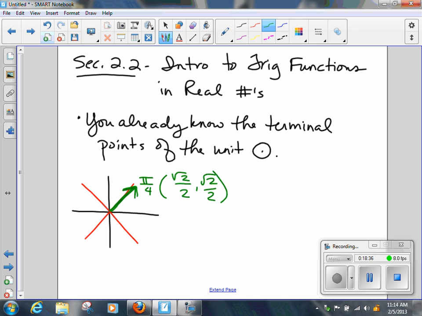Okay? Now, up until today, you have thought of ordered pairs as X and Y values. Do you agree? Getting ready to change your way of thinking a little bit. We're getting ready to hit trig wide open, okay? So you better get ready. Now, this is easy, very easy.